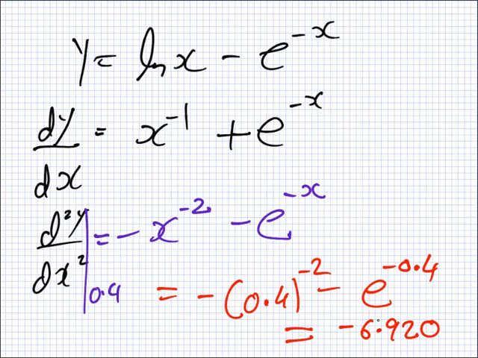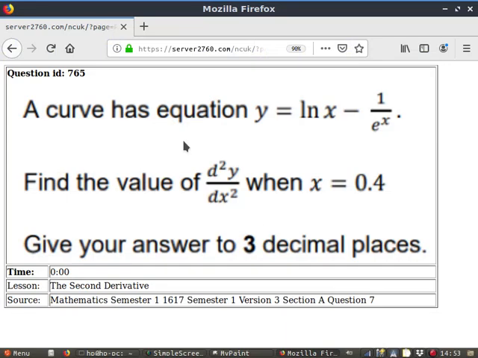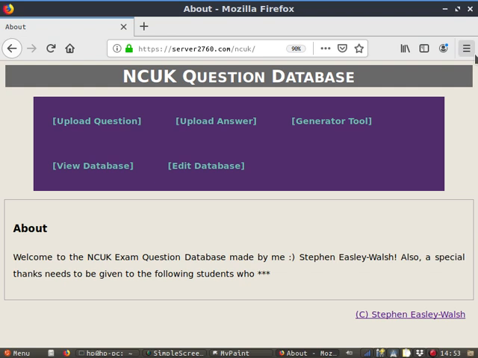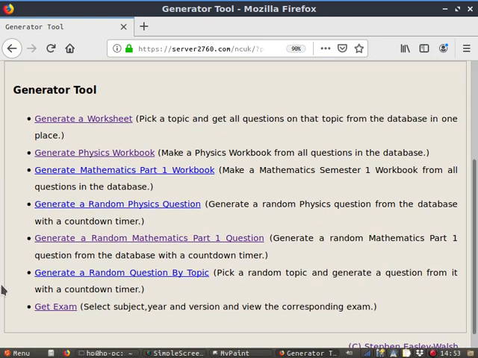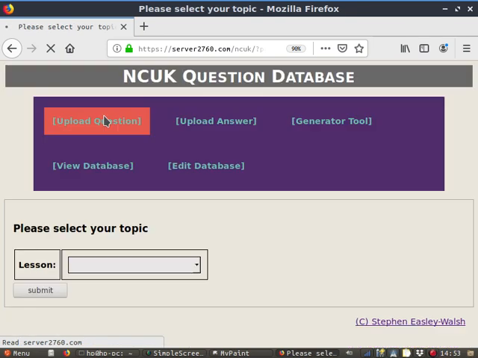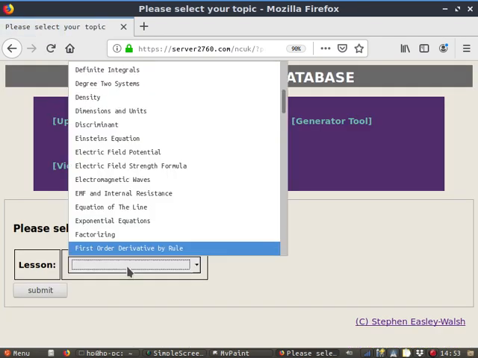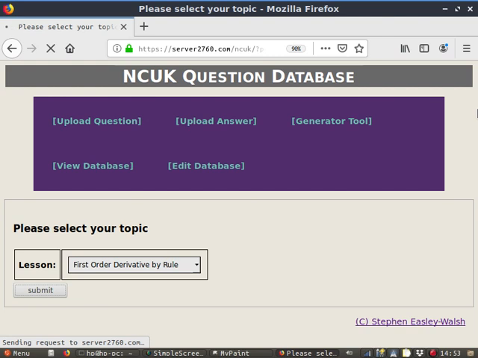Okay, so it seems like we're still a little bit shaky on derivatives and antiderivatives. You might want to be doing more. But you know that you can do random by topic, don't you? Or even better still, you could list all the questions in that topic. That might be a good idea. Generate a worksheet. First order derivative by rule, for example.